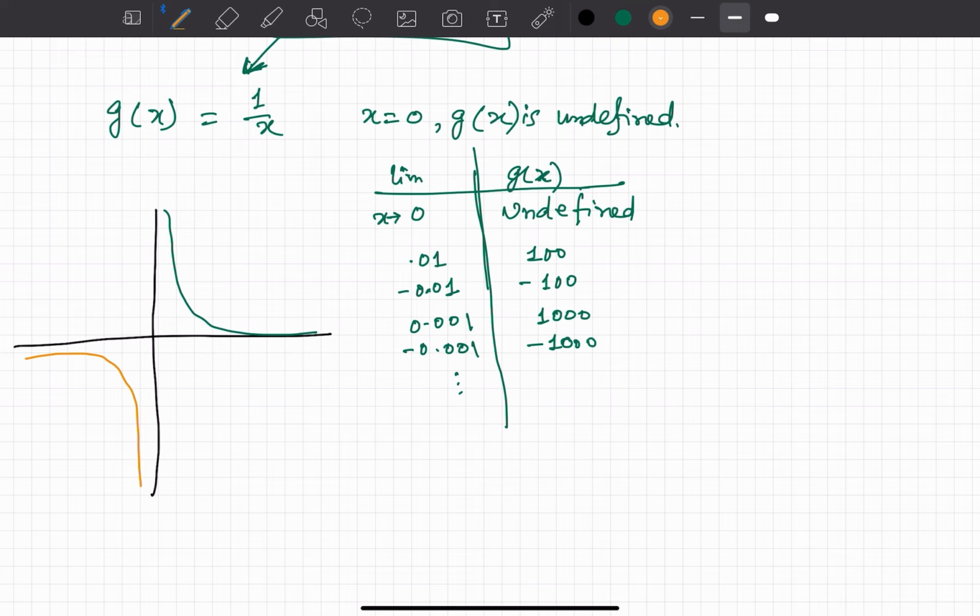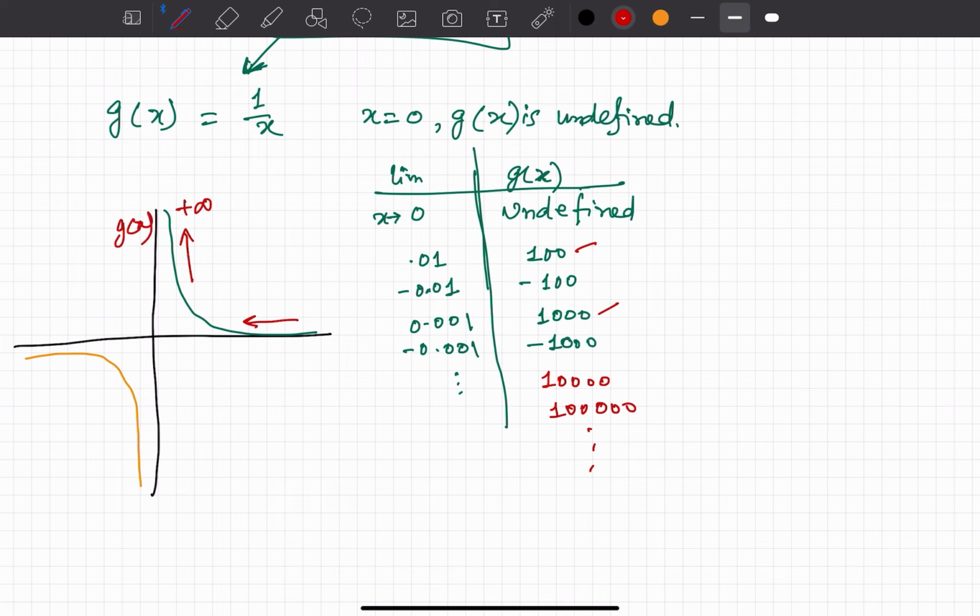When x is approaching 0 from the positive side, the next value will be 10,000, 1 lakh, and so on up to positive infinity. g(x) will be approaching positive infinity.